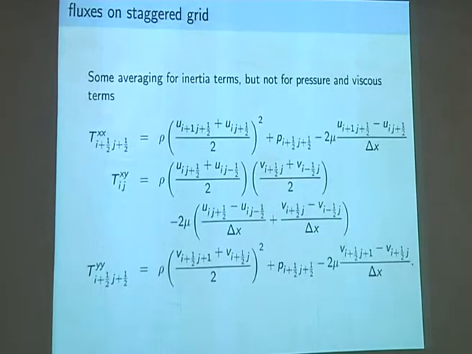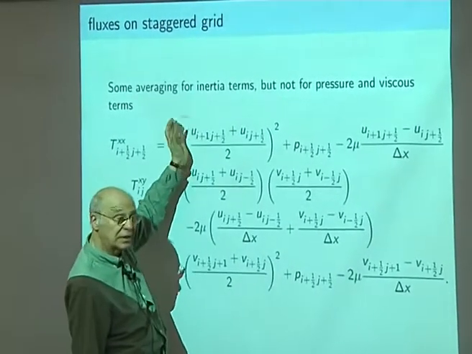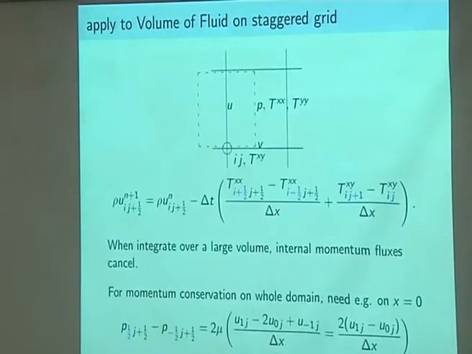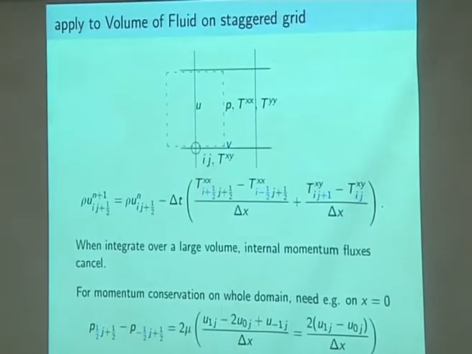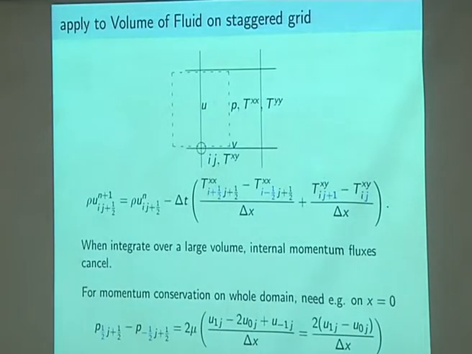Right, and these are the horrible expressions for these stresses. So the first term here is rho u squared, but at the middle point I don't have u, so I have to take the average of u. Right, so I'm trying to find out Txx here as rho u squared, but I have u there.